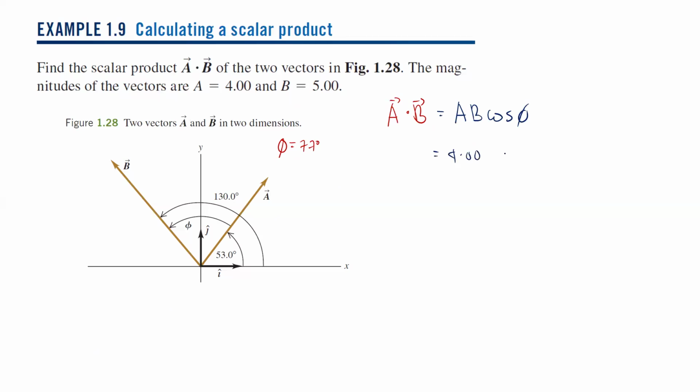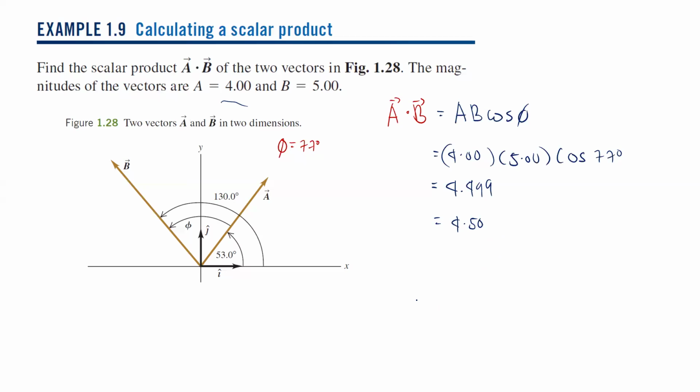So we have 4.00 times 5.0 times cosine of 77 degrees. 4 times 5 times cosine 77 gives 4.49. In three significant figures, that is 4.50.